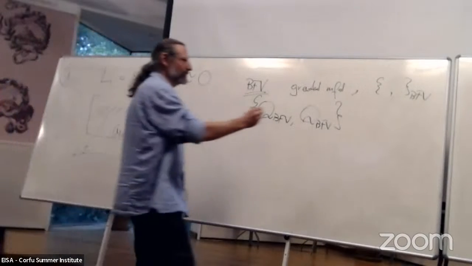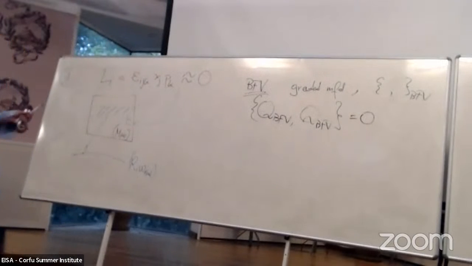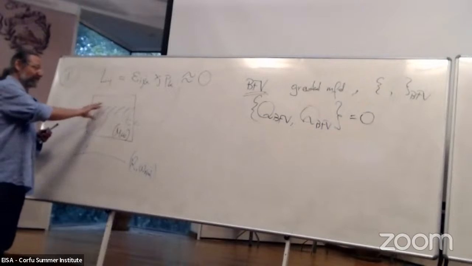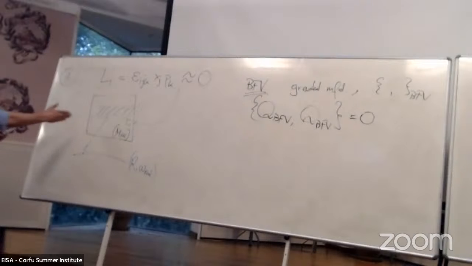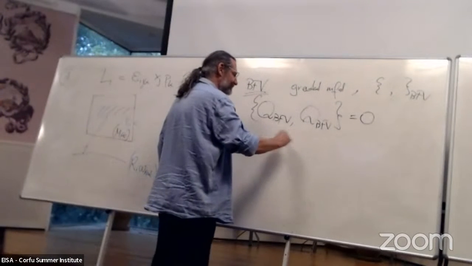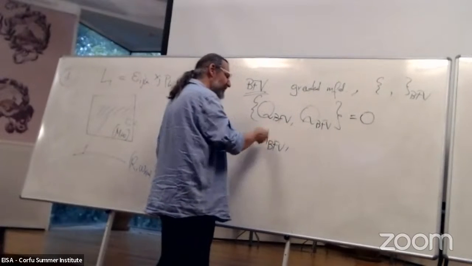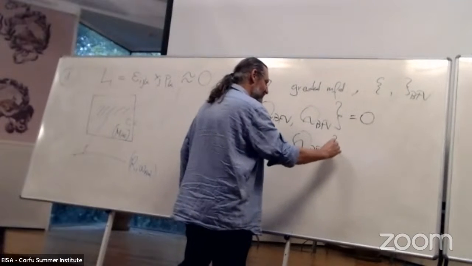This should be 0. And if you have given a Hamiltonian, which must be a function that is also invariant under these flows, the gauge transformations, then this needs to be extended to a function H_BFV, where the gauge invariance is represented by the fact that this also has to be 0.